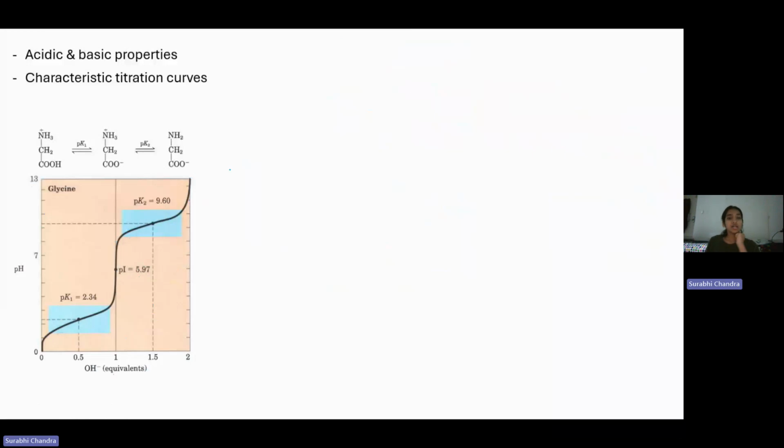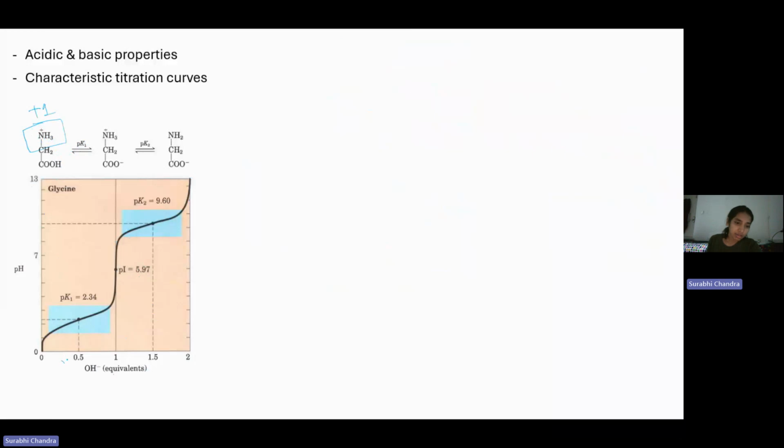At very low pH, H plus is greater in amount, so NH2 exists as NH3 plus, and the net charge is plus.